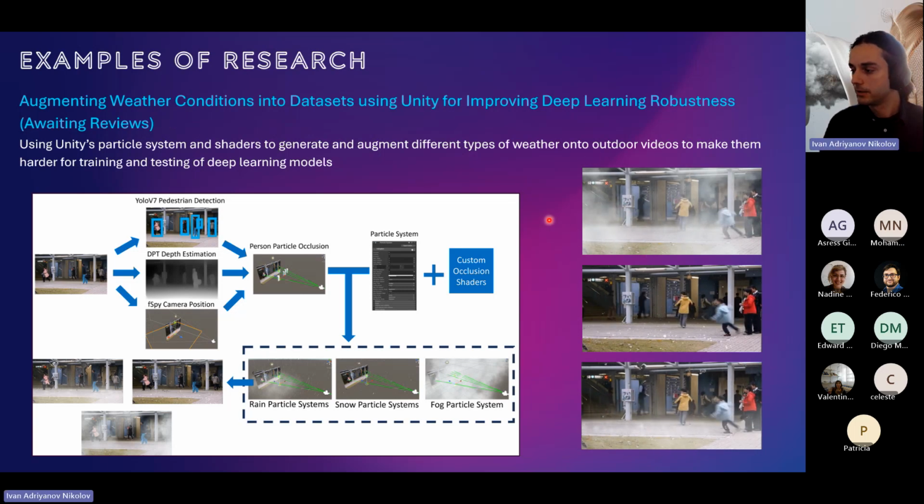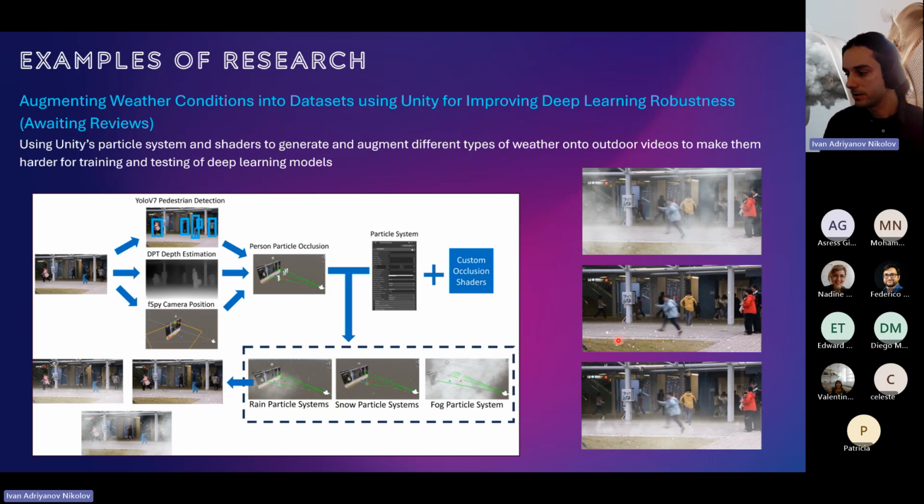on the real images where we can add stuff like particles for rain, for snow, for fog, and the particles would react, let's say, part of the particles can be occluded by the realistic people, and they can interact to some extent with the environment.